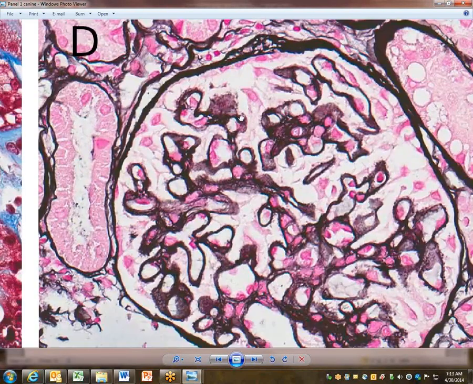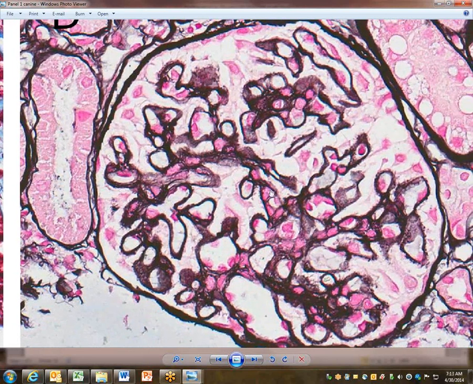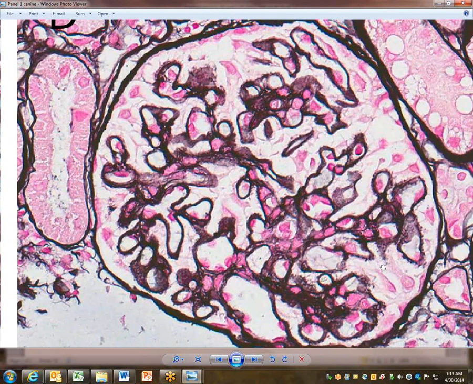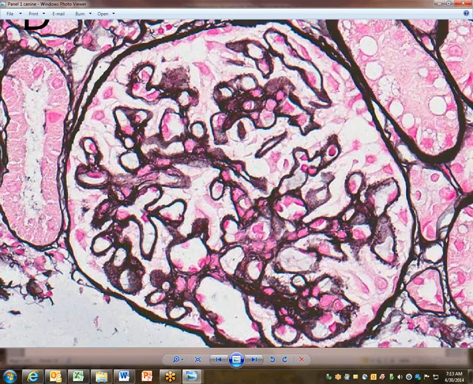Let's go then to the silver stain or method. It's not truly a stain, Rachel keeps telling me. We'll get back to that. On the silver, I thought that I could make out some spikes. I don't remember what the more specific term for them is.